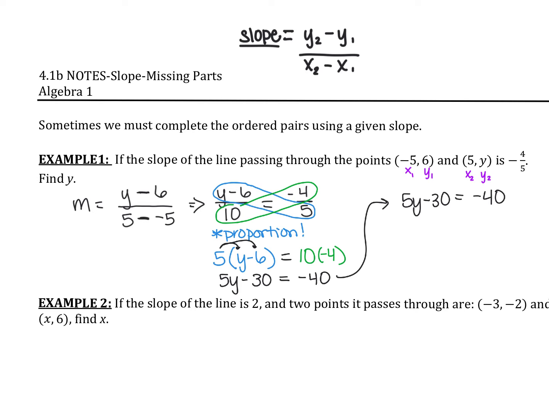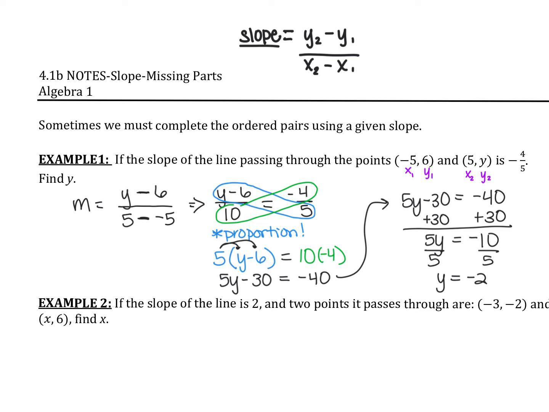I need to get y by itself. So using inverse operations, I'm going to add 30 to both sides. And we get 5y equals, that will be -10, because -40 plus 30 is -10. I'm going to divide by 5. So we get y equals -2.